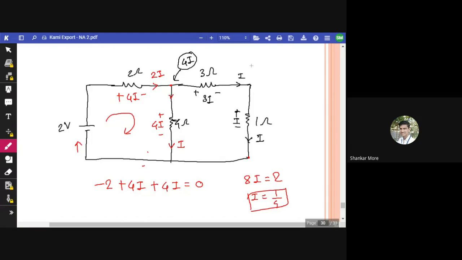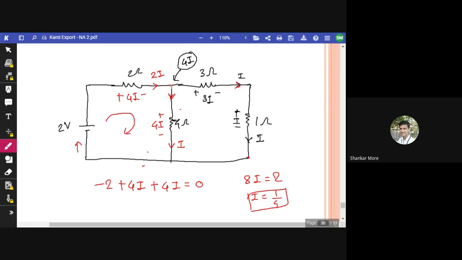See, Akhil, we have seen KCL, isn't it? What is KCL? Sum of currents entering a node should be equal to sum of currents leaving the node, isn't it? So from this node, I current is going here. You agree with this, right? Now I current is going through this here, right?